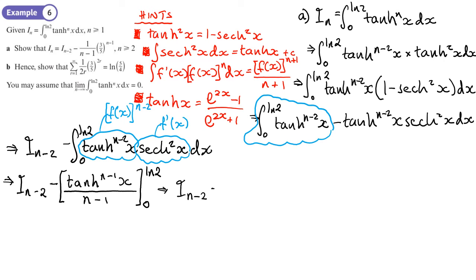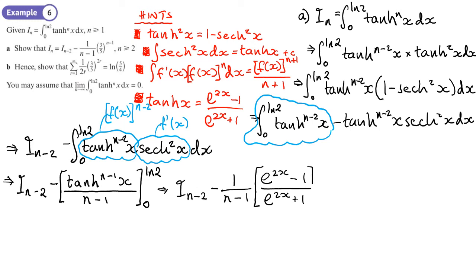And I'm also going to take this n minus 1 outside of these brackets, otherwise we're going to have fractions over fractions. So if I write minus 1 over n minus 1, that gives me a bit more space to use this definition here, and that will be e to the 2x minus 1 over e to the 2x plus 1.